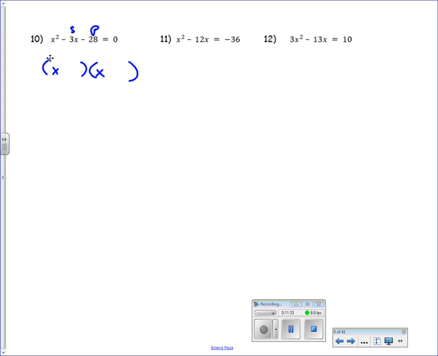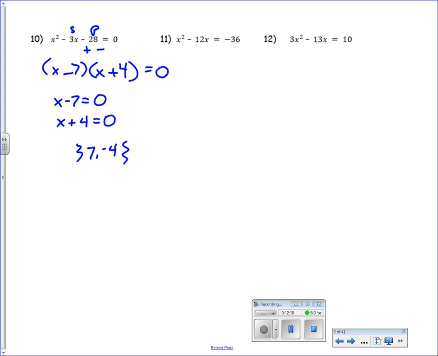For me, I know that that's 7 and 4. And because it's got to multiply to a negative 28, the signs are going to have to be plus and minus. And in order for this to add to negative 3, I know the 7's got to be minus and the 4's got to be plus. Because negative 7 times 4 is negative 28, and negative 7 plus 4 is negative 3. Now we use the zero product property, set them equal to 0 and solve. So we would get 7 and negative 4. And we're done.